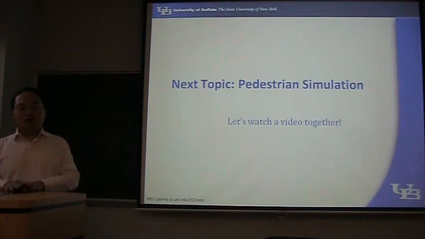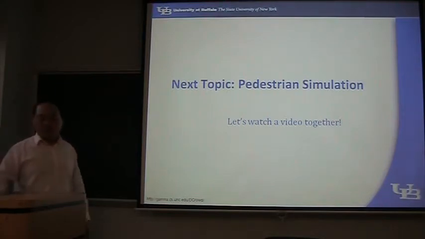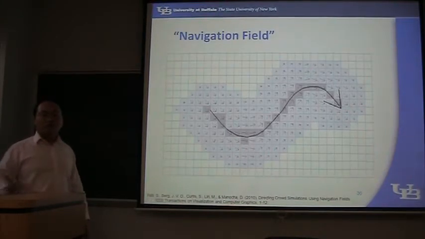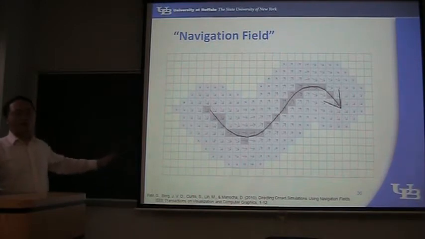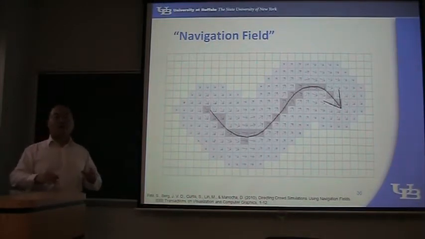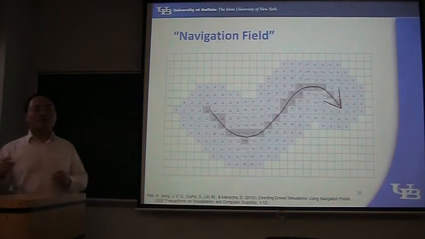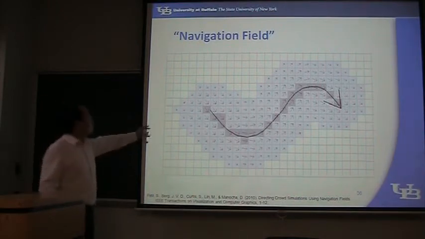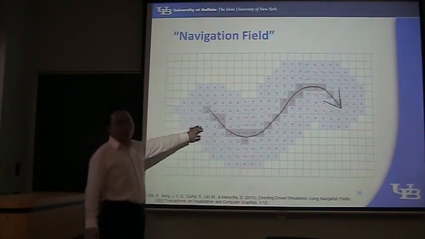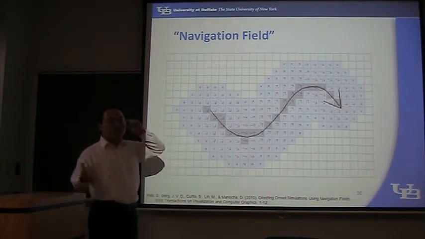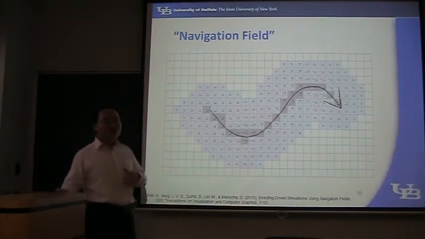Before we watch this video, let me first introduce one thing. In this paper, in this video, the authors are presenting a new methodology to simulate pedestrian movement. And they present a new thing called a navigation field. So you know electric field, you know magnetic field.